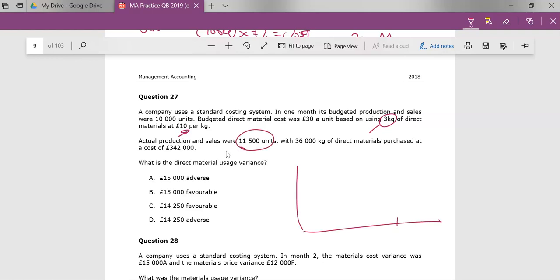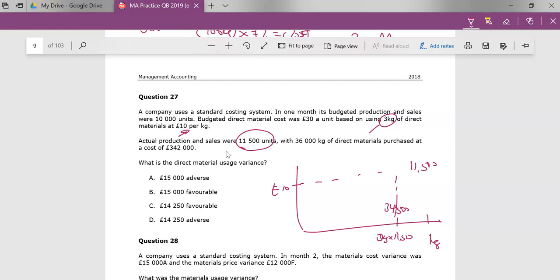So in order to make 11,500 units, I'm expecting you to use 3 kilograms times 11,500, which is 34,500 kilograms. And I'm expecting you to buy each kilogram at £10 per kilogram. So technically, this is what I'm expecting you to do.